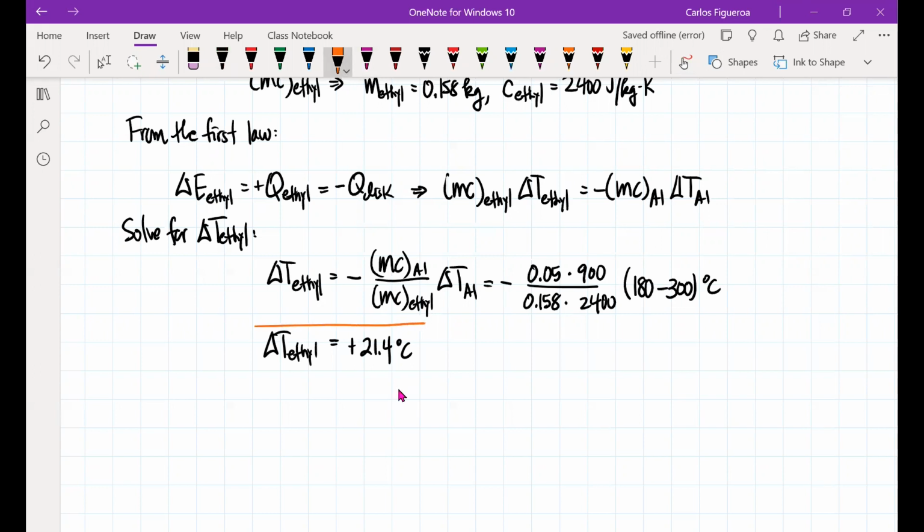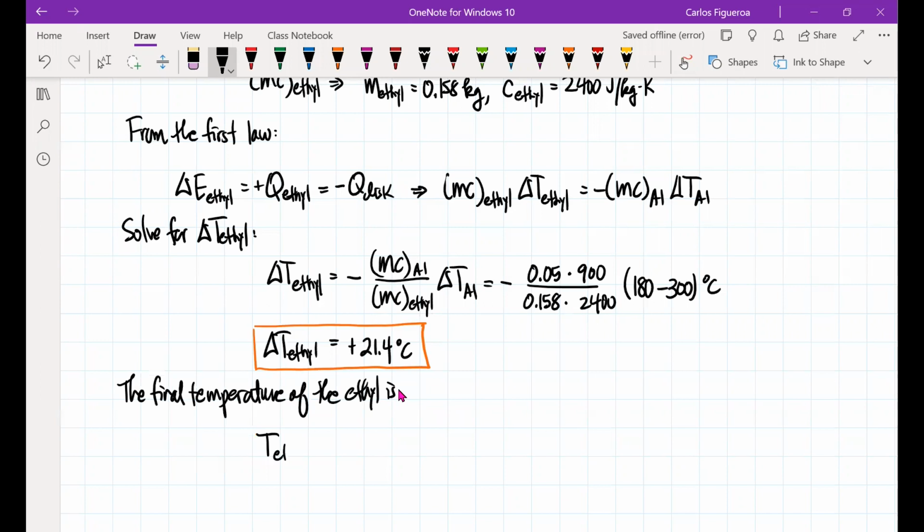So now that I have this, I can compute the final temperature. The final temperature of the ethyl alcohol, T ethyl 2, will be T ethyl 1, its initial temperature, plus the change.